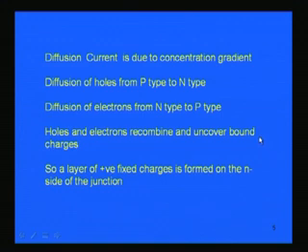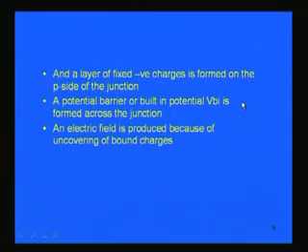So a layer of positive fixed charges is formed on the n side of the region, giving rise to a potential, and that potential is known as built-in potential, or sometimes you will also find it named barrier potential. So this uncovering of bound charges produced an electric field.